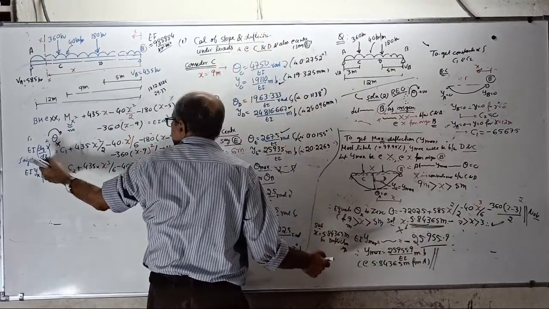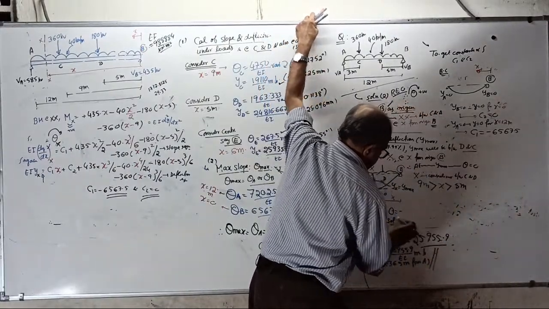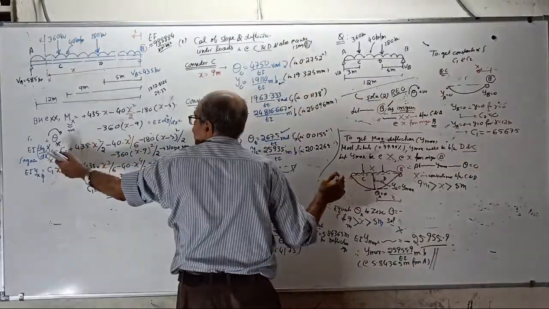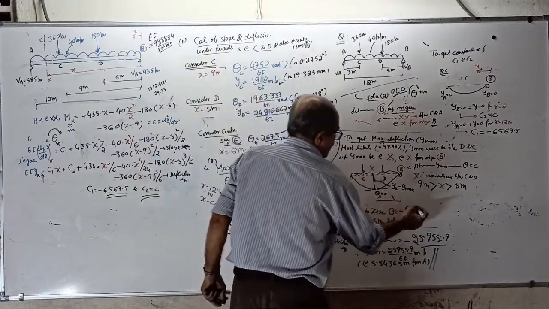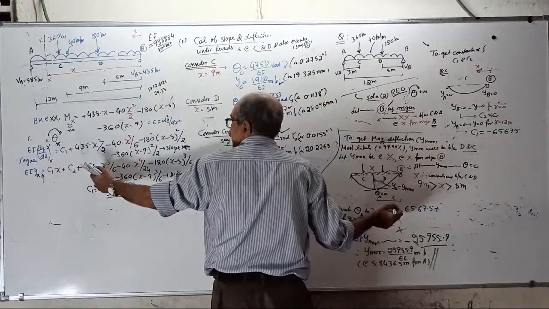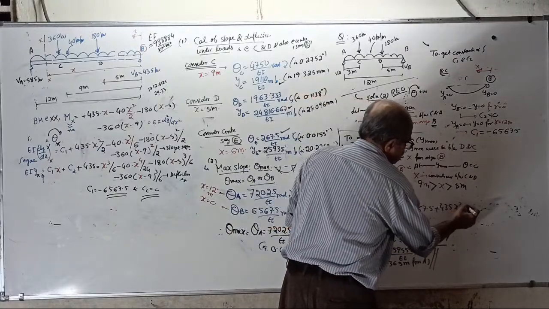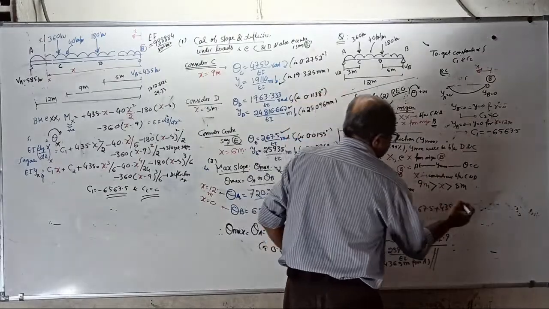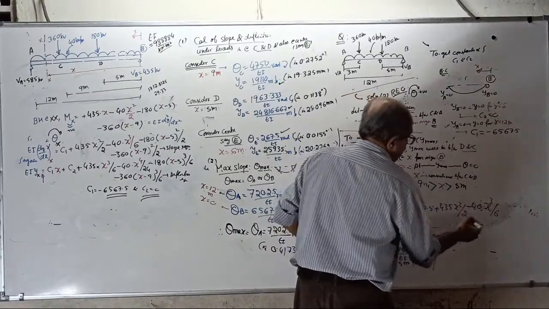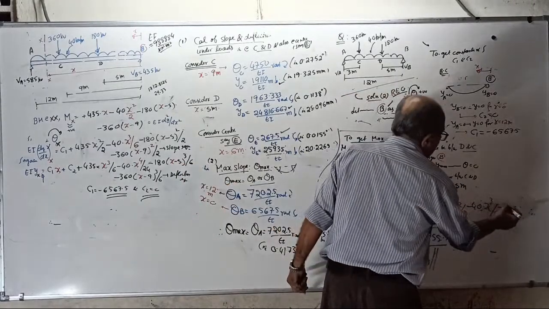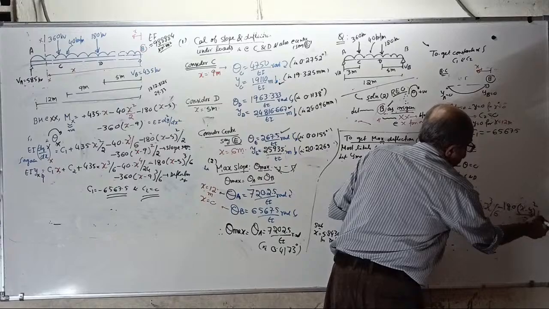See, 0 equal to C1, I will put here once again: 0 equal to C1 minus 6567.5 plus 435 into x square by 2 minus 40 into x cube by 6 minus 180 into x minus 5 whole square by 2. Stop there.